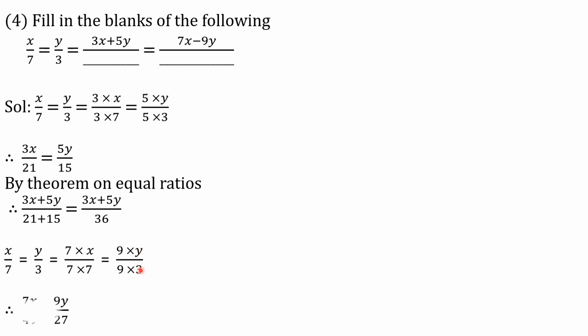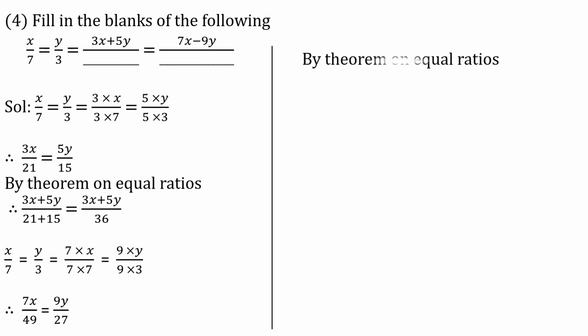So you'll get 7x upon 49 equal to 9y upon 9 3s are 27. Now you need to merge this, that is 7x minus 9y, so you can apply theorem on equal ratio. You'll get 7x minus 9y upon 49 minus 27, which will give you 22.